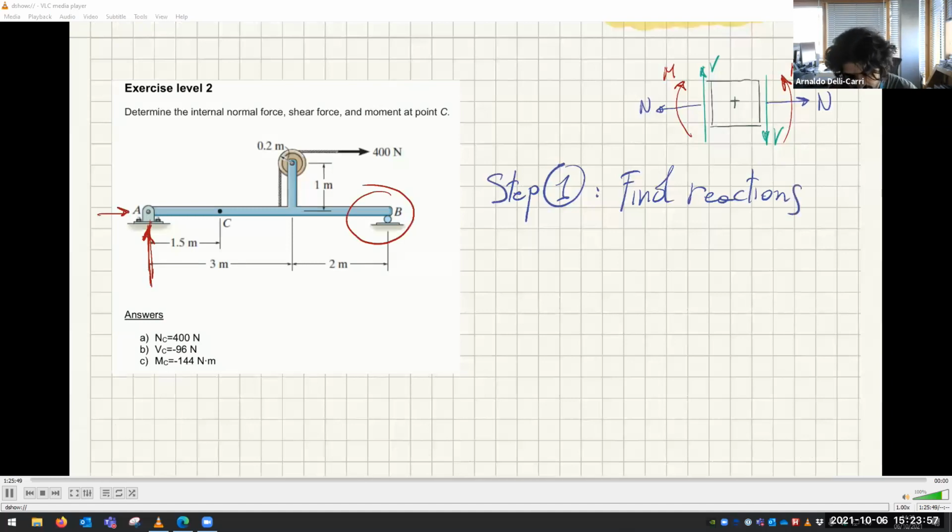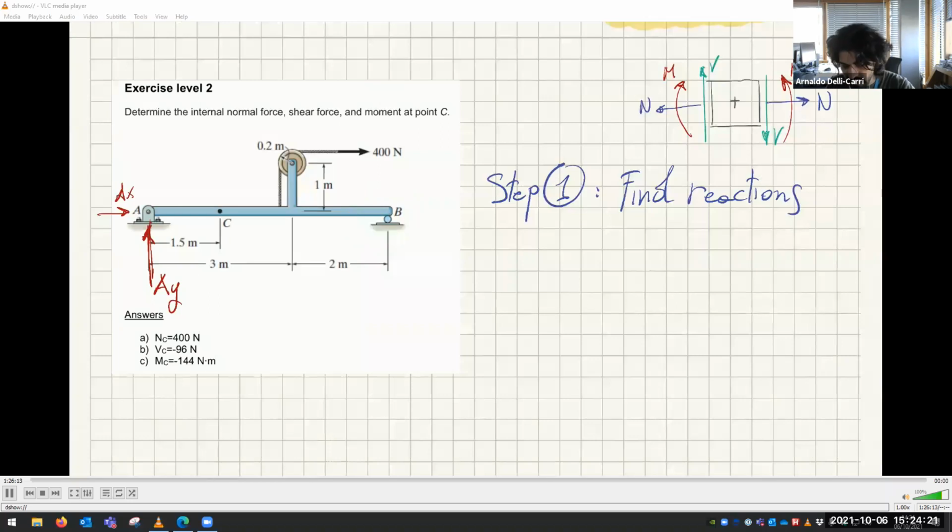Kata says 1. Which direction is this reaction force going? Is this horizontal, vertical, like this? Come on, we have one reaction force. Nabu says horizontal.